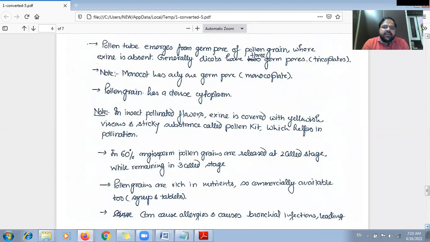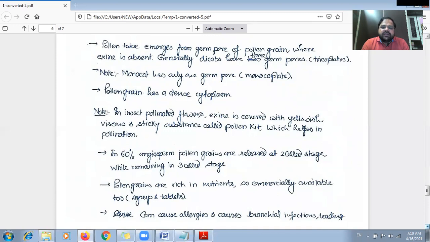Now, the pollen grain has a dense cytoplasm. It is obvious that it has to wait for some time until it reaches the stigma for fertilization.